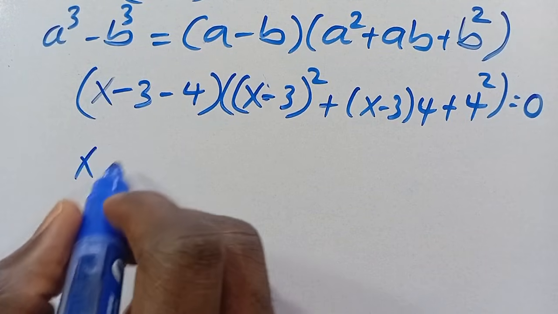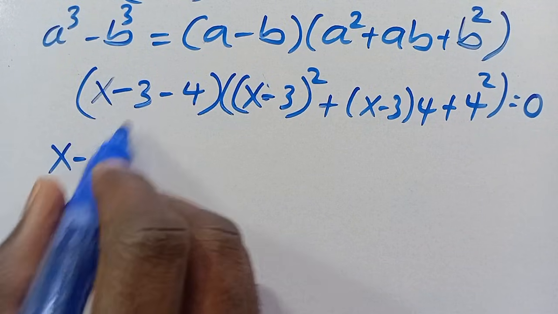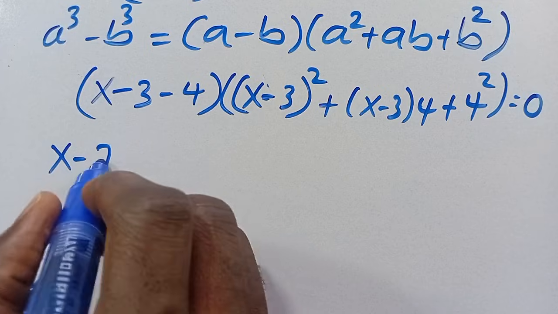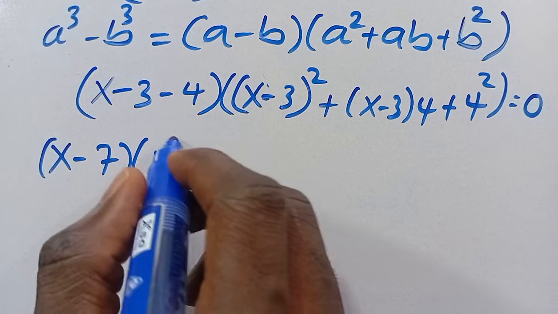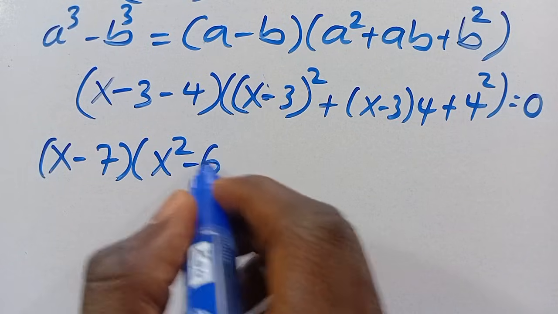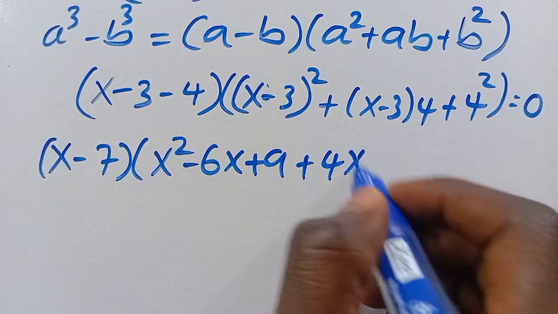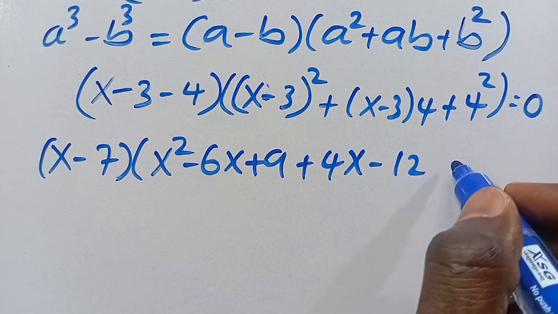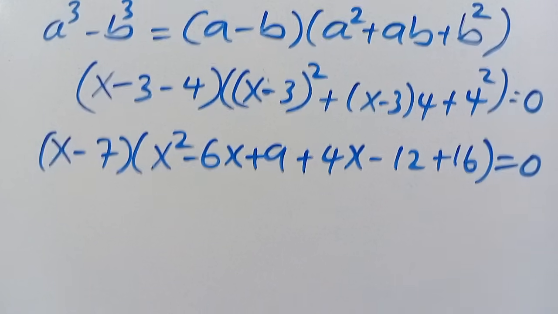So here will be x minus 3 minus 4, which will give us minus 7, multiplied by this expansion, which will give us x squared minus 6x plus 9. This will give us 4x minus 12 plus 16 equals 0.